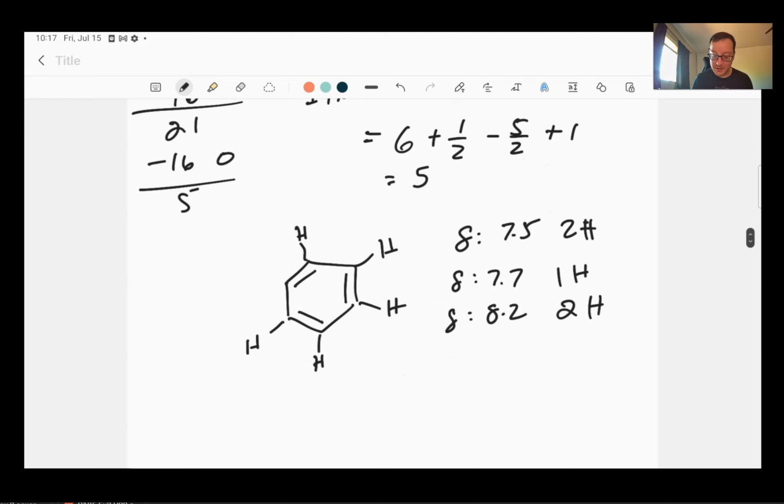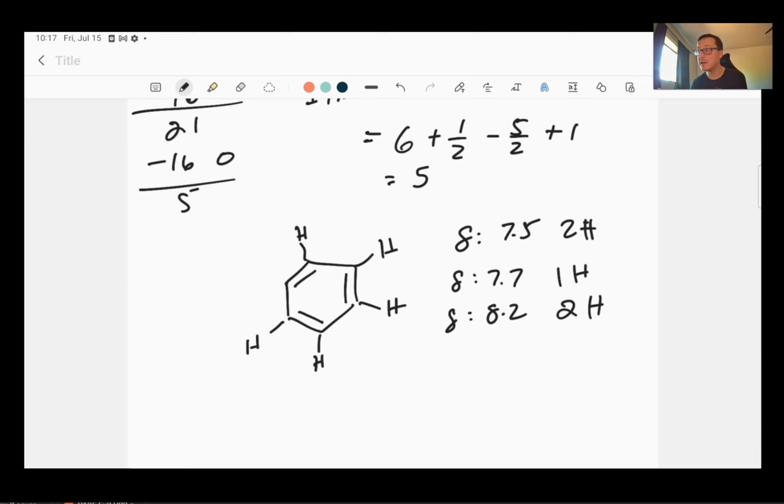We don't really need to worry about multiplicity for aromatic peaks. Normally we would indicate doublet, triplet, all that good stuff, but we don't need to do that here because aromatic splitting is nasty. So we have all of these aromatic hydrogens. We have no indication that we have either an alcohol or an amine in this molecule because we did not see those in IR, and we also don't see those in the NMR, right?